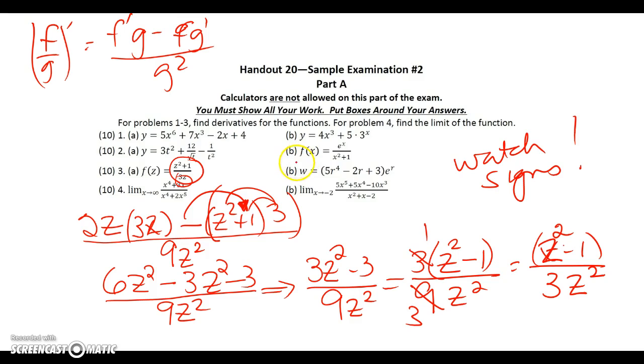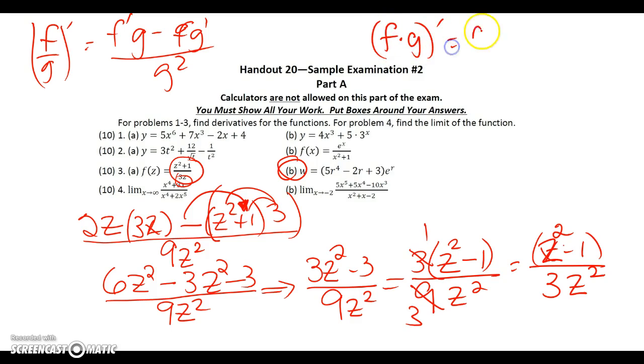Okay, let's look at this one right here, B. And let's make some room. All right, so this is the product rule, which means f times g prime plus f prime g, right?